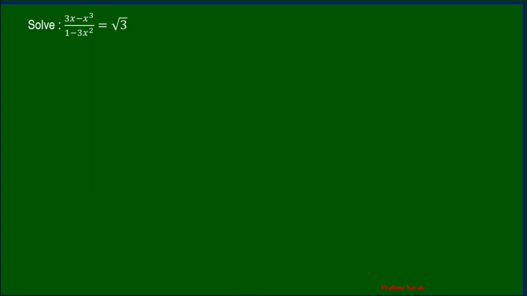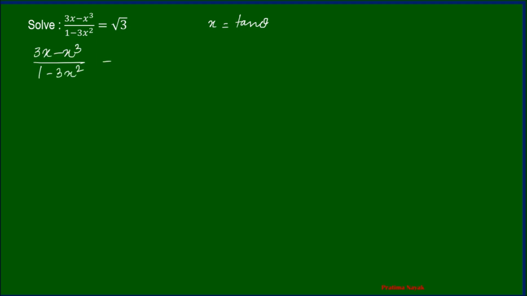Now, 3x minus x cube over 1 minus 3x square is equal to square root 3. So let's take x as tan theta or tan alpha, any value. When x is equal to tan theta, I am replacing x as tan theta in 3x minus x cube over 1 minus 3x square.